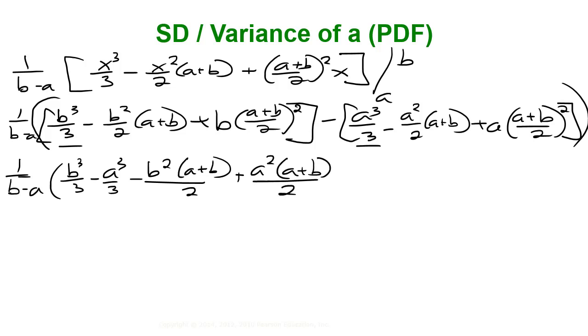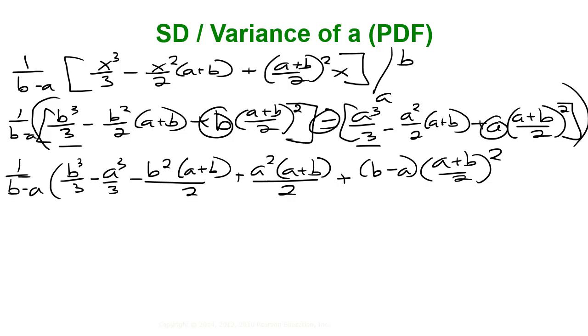Why is this a plus? Because we're subtracting and subtracting, right? We're minusing a minus. Then we have plus (b−a) all times the ((a+b)/2) quantity squared, right? Because here's b times it, and then minus a times it. So again, we're just combining like terms, cleaning it up a little bit.